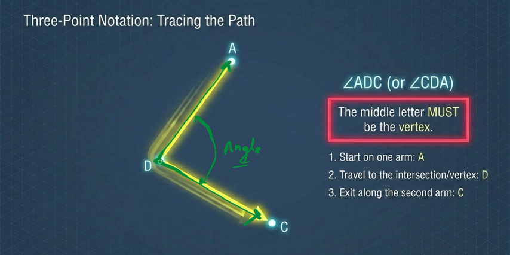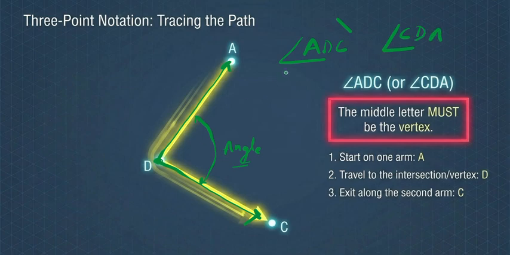You have to keep in mind the common point where these two rays start. You have to put it in the middle in the naming of the angle. This is the symbol for angle. You can write ADC, and you can also write CDA.